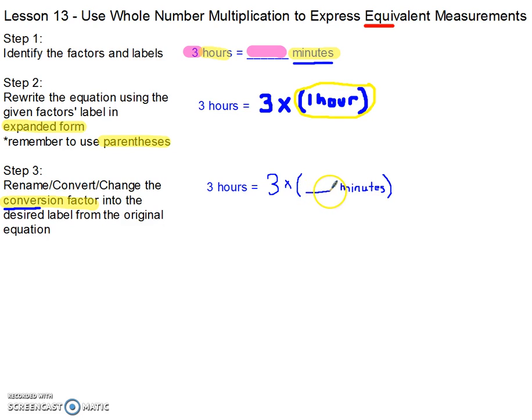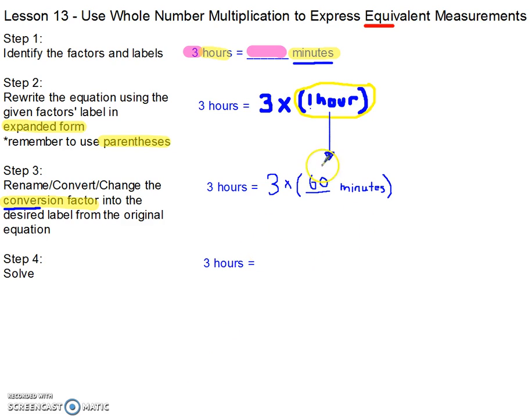And now I want to ask myself, when I'm converting from hours to minutes, how many minutes are in 1 hour? And knowing what I know about time, I know that there are 60 minutes in 1 hour. So I'm going to put 60 right here. This is still the same equation because I just changed this. I just converted this 1 hour into minutes, and I kept 3 times the same in both problems.